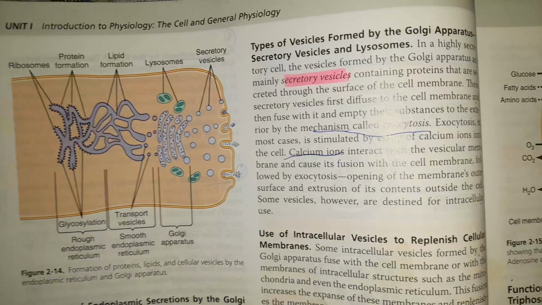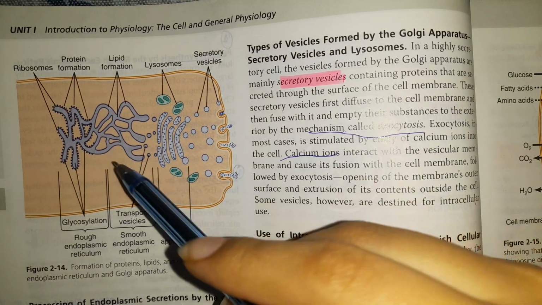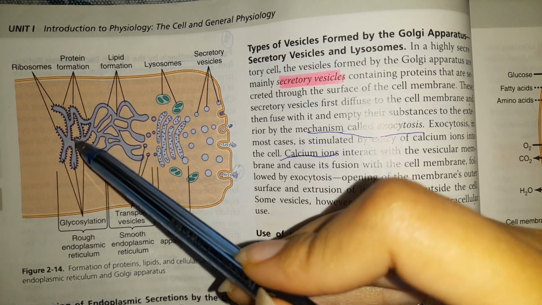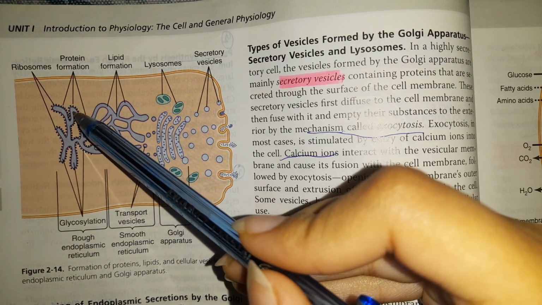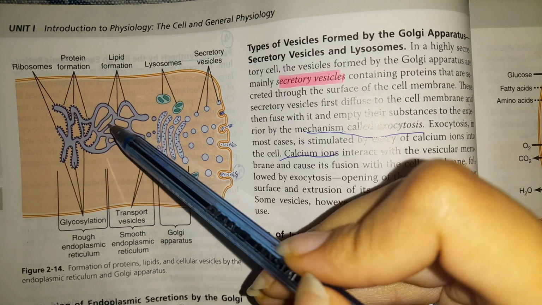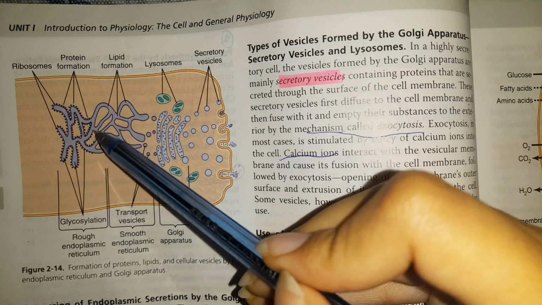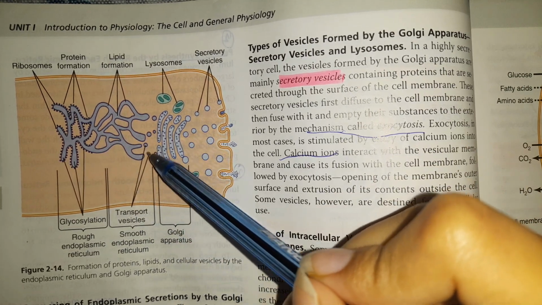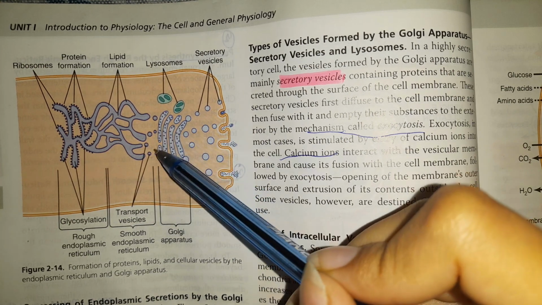So let's understand this particular diagram to understand the function of the Golgi apparatus. Now this is the endoplasmic reticulum. In the endoplasmic reticulum, the granular portion produces protein. Then we have lipid formation, which occurs in the smooth endoplasmic reticulum. These protein and lipid portions are packed in transport vesicles, which are the endoplasmic reticulum vesicles, and they go to the cis area of the Golgi apparatus.